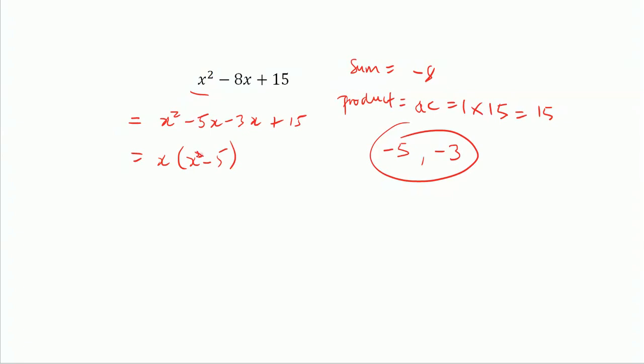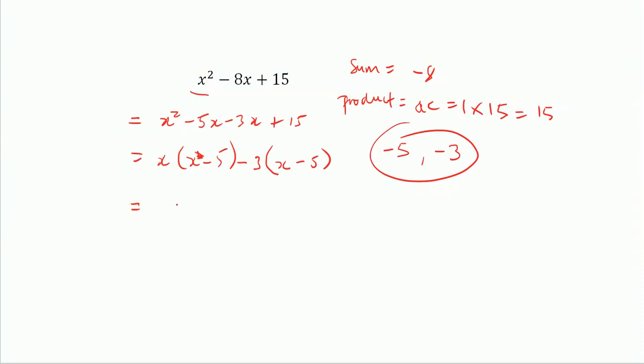Sorry, this is not x squared, this is x minus 5. Now we need to get minus 3x, so we know we need to put a 3 here, and this has to be x, and this has to be x minus 5. So 3 multiplied by x will give me minus 3x, and 3 multiplied by minus 5, I need to get plus 15. So therefore this has to be a minus sign here and not a plus sign.